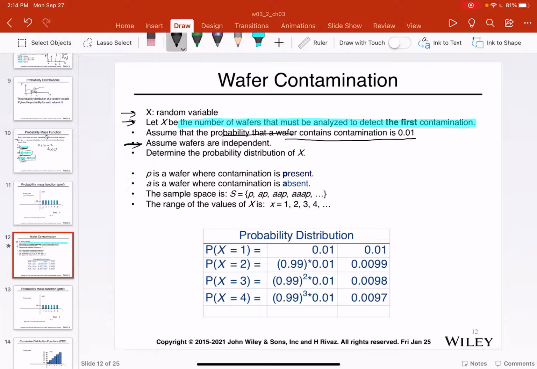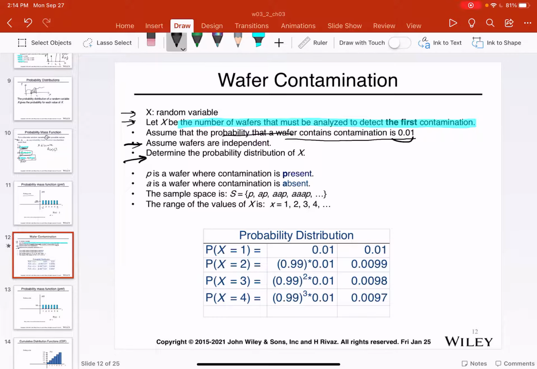That's wrong, because the question says they are independent. Even if you checked 1,000 wafers and they were all clean, the probability of the 1,001st one being contaminated is still 1%. That's what independence means. The question wants the probability distribution function for x.